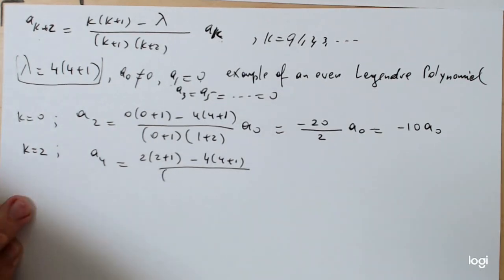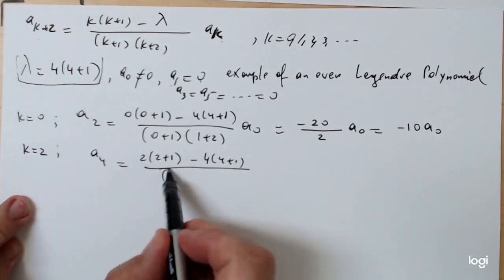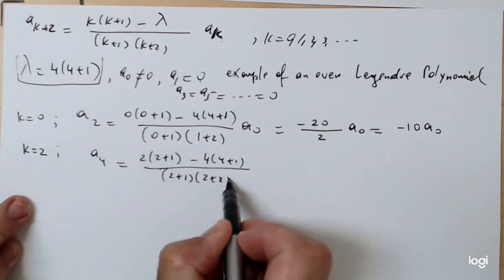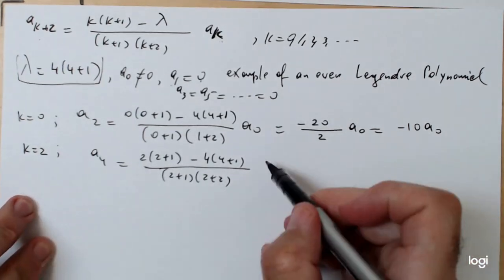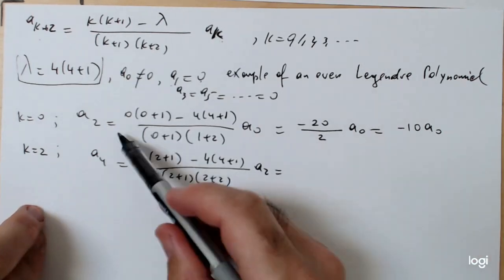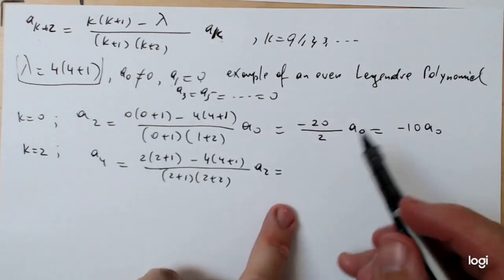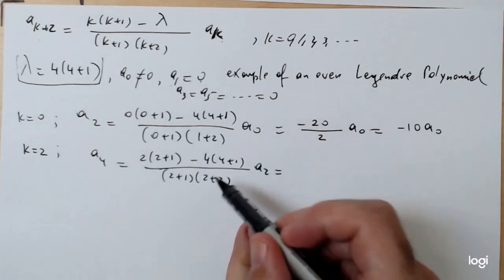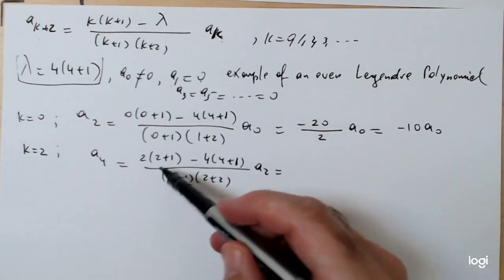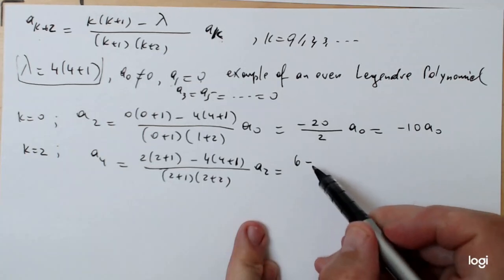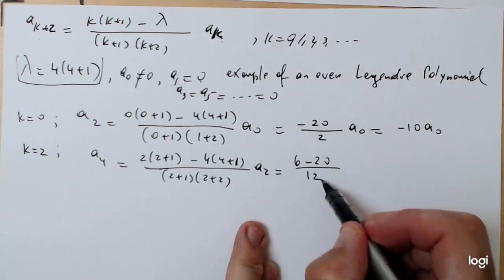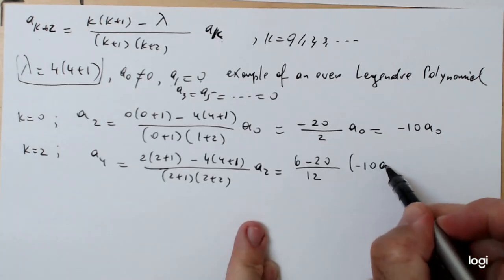Over, let's see, over 2 plus 1 times 2 plus 2, a2. And I'm going to replace a2 with minus 10 a0, right? So on the top now I have 2 times 3, which is 6, minus 20. 3 times 4, 12. a2 is minus 10 a naught.